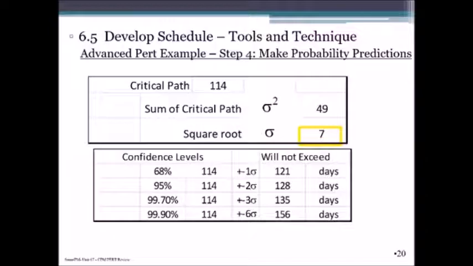A 68% confidence level means that 114 days plus or minus 1 sigma, we can say that this project at a 68% confidence level will not exceed 121 days. At the extreme, at 99.9%, 114 days plus or minus 6 sigma, meaning that this project will not exceed 156 days.